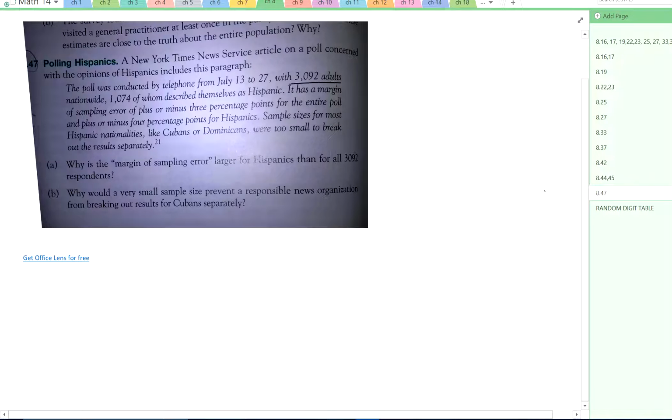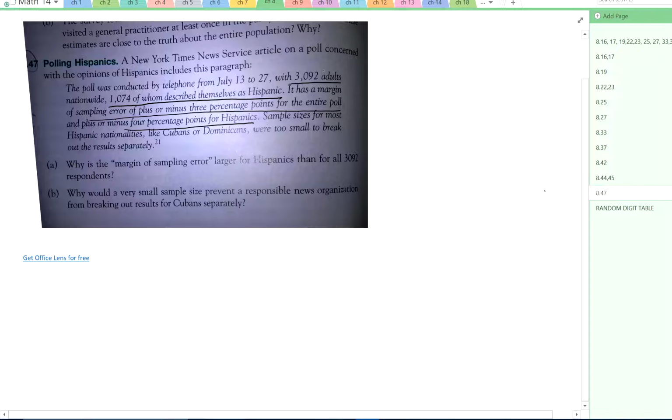We had 3,092 adults nationwide, 1,074 were Hispanic, with a margin of sampling error of plus or minus 3 percentage points for the entire poll, and 4 percentage points for the Hispanics. In other words, the whole poll was within 3 points of whatever they were asking, 4 for the Hispanics. Say they were asking, do you favor a certain candidate?